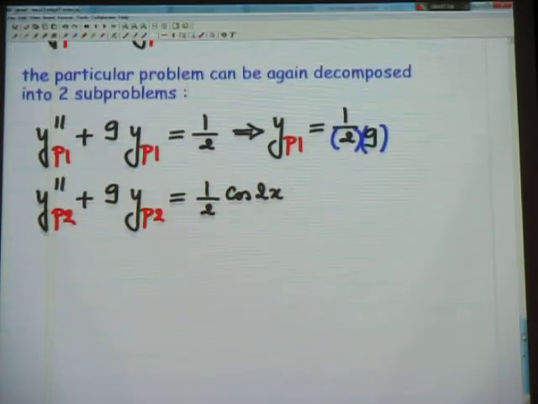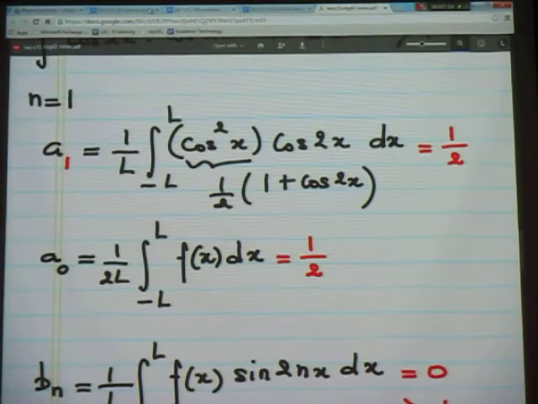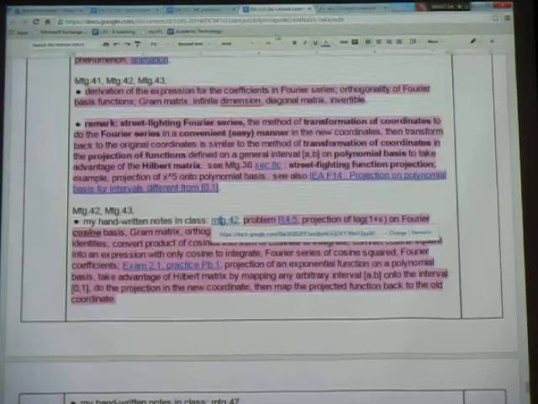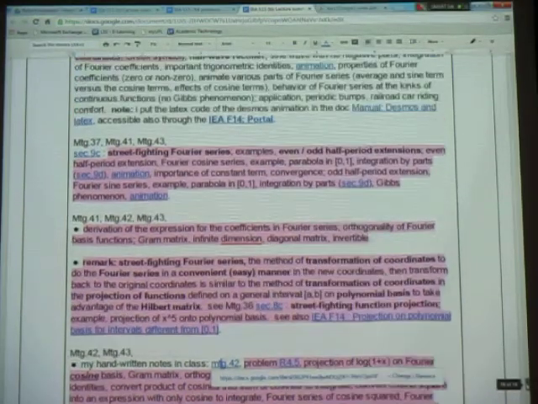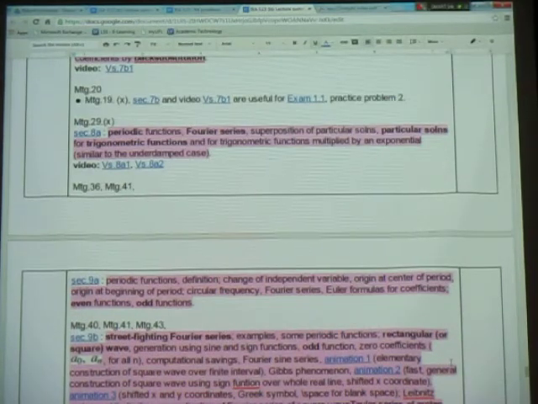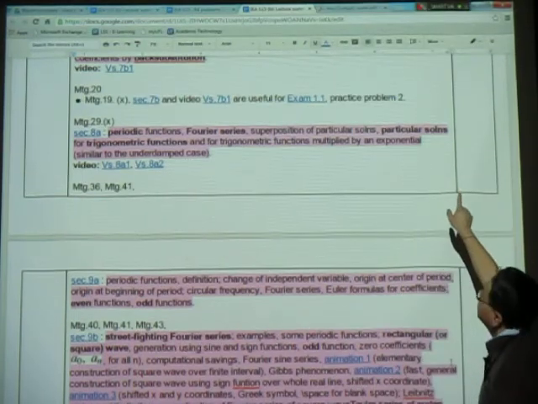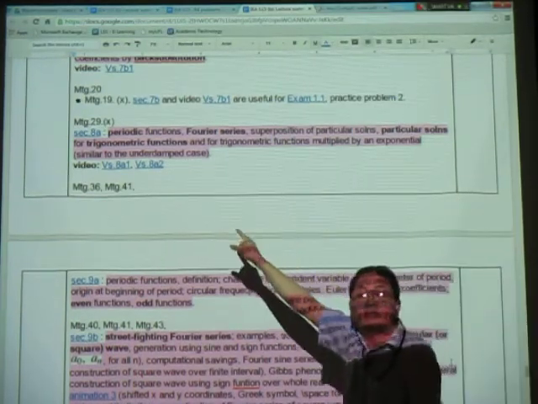The second one, you need to remember, and this is something I gave in the daily lecture summary, a section related to that problem so that you can review, and that's section 8a: Periodic function, Fourier series, superposition of particular solution for trigonometric functions.